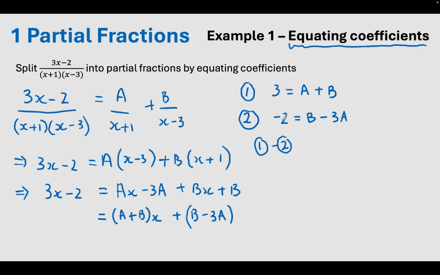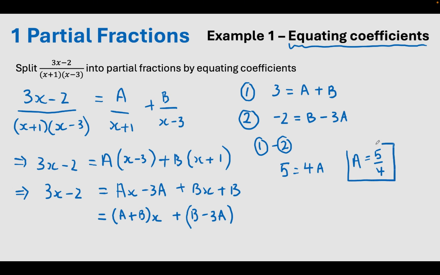So I get 3 minus 2, which is 5. I get a minus 3a, which is 4a. And then I get b minus b, which cancels. So I get 5 equals 4a, and therefore I get a equals 5 over 4 again.